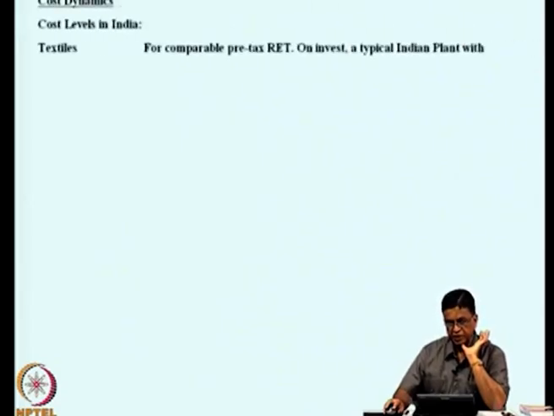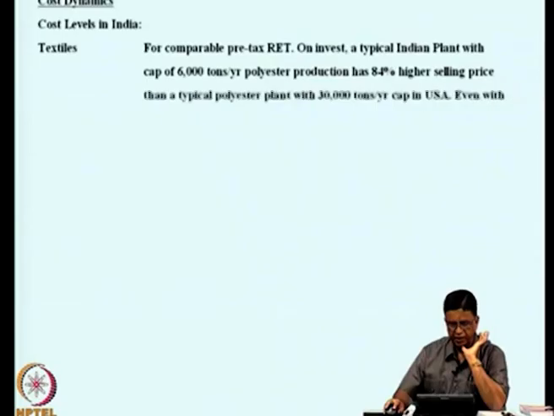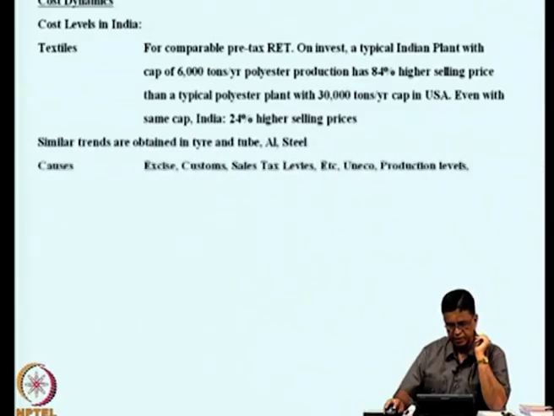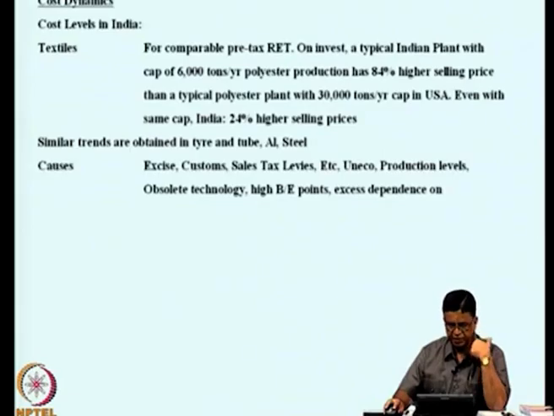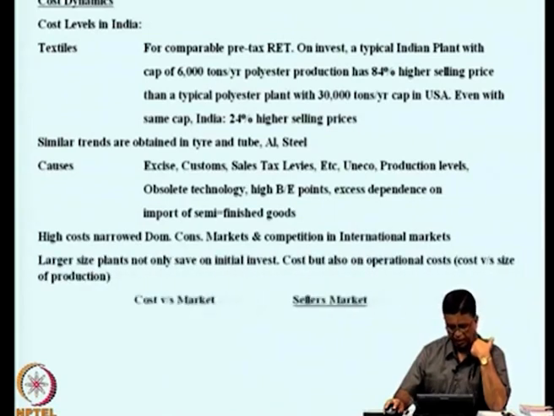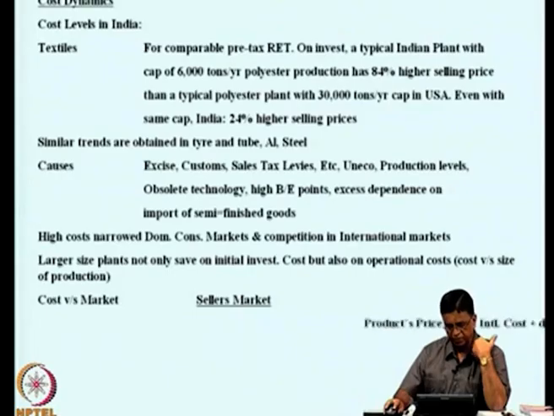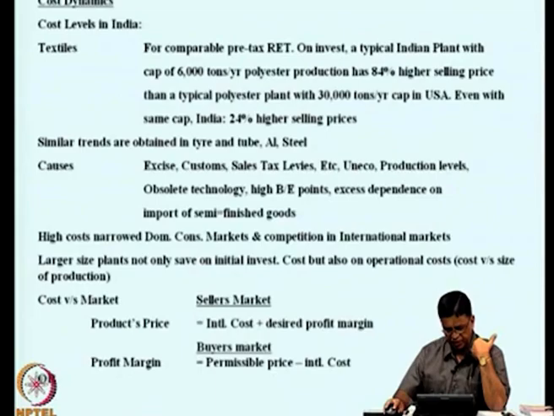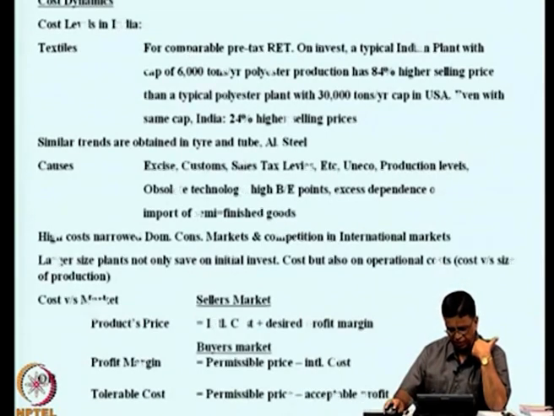So, we looked at the cost dynamics with respect to India. We took the example of textiles, then we discussed what are the causes for higher selling prices in India, and we also looked at the cost versus market, whether it is a seller's market or a buyer's market.